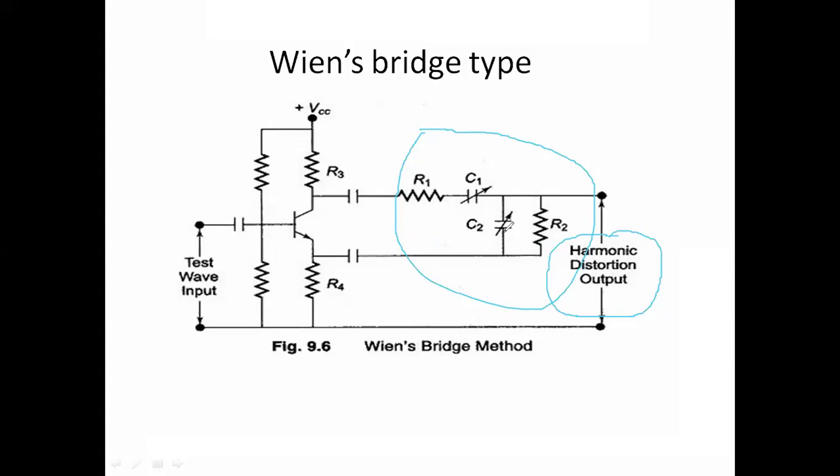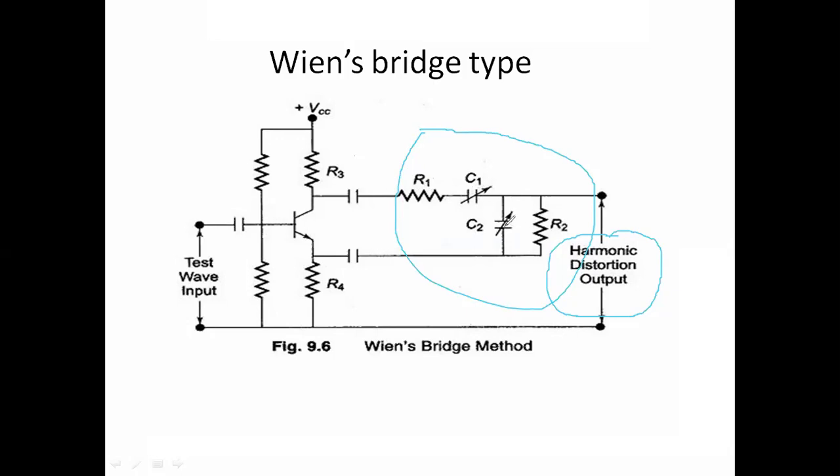These components consume the total applied fundamental frequency power. We have to tune the capacitors; simply placing them does not suppress the fundamental frequency. We have to change the values of C1 and C2. C1 and C2 here are the tunable capacitors, and R1 and R2 are equal values.